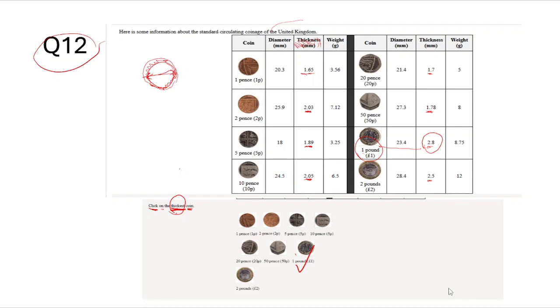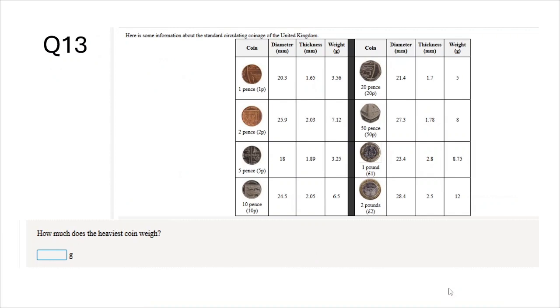Okay. Question number 13 gives the same example, but it's asking for a different thing: how much does the heaviest coin weigh? Heaviest coin weight means we will go to the weight column. Let's see which is the heaviest coin here: 3.56, 7.12, 3.25, 6.5, 5, 8, 8.75, and 12.